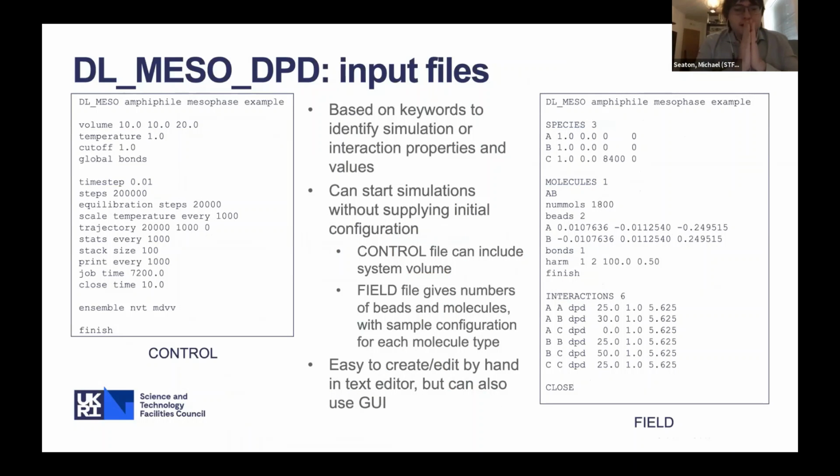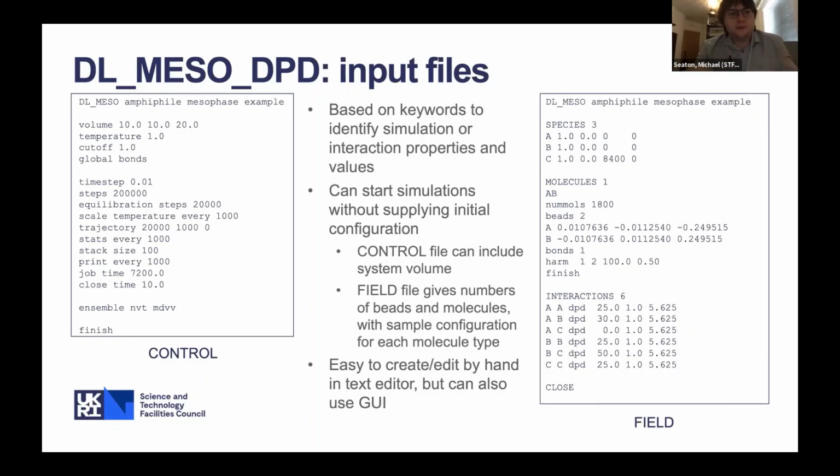The two main input files look a bit like this. So you have the control file on the left and the field file on the right, and they're both based on keywords to identify simulation or interaction properties and values, and hopefully they're reasonably readable and understandable. And as I said, you can actually start a simulation without supplying an initial configuration.